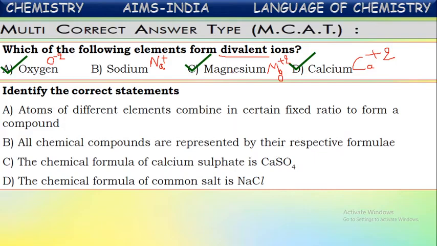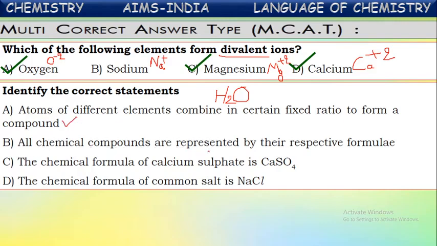For example, if you see the compound water, in the water molecule formation, two atoms of hydrogen combine with one atom of oxygen. This is a fixed ratio. Wherever you find water, from wherever you get water, the composition will always be the same. Two atoms of hydrogen will be combined with one atom of oxygen. Okay, that's a fixed ratio. This is a correct statement.